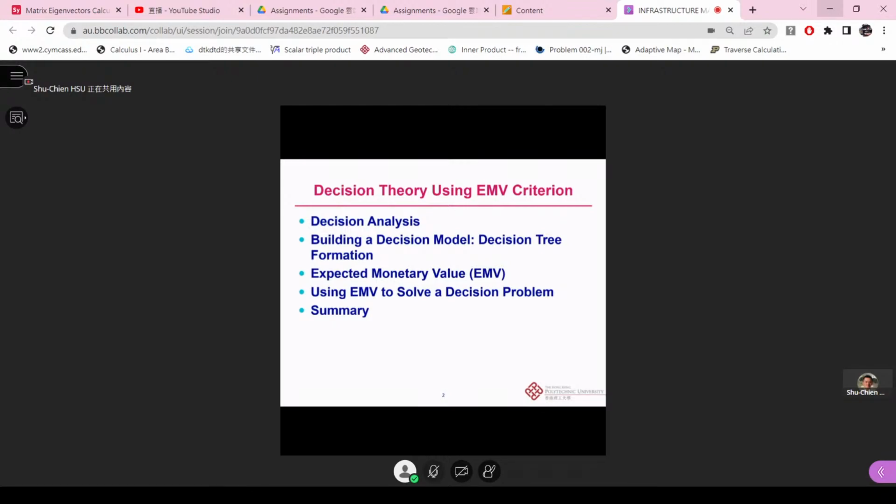For example, for this contract there may be three different outcomes. The other tender will also have different outcomes. If we can consider all these situations, then the contractor can really make a better decision. He estimated three possible outcomes.